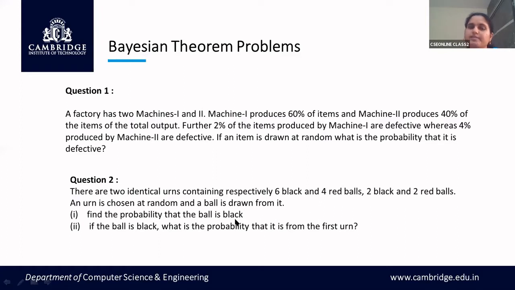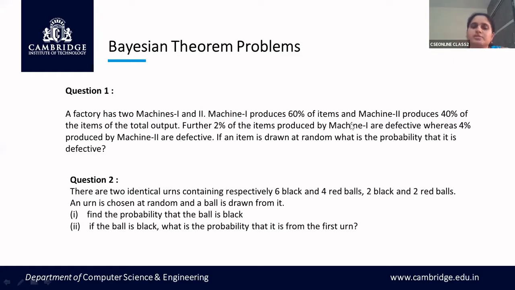How will you calculate this? Go ahead and try this. So there are two urns, where in the first one you have 6 black balls and 4 red balls. Similarly, in the second one you have 2 black and 2 red balls. So what are we trying to find? We are finding the probability of the ball which is drawn being black.